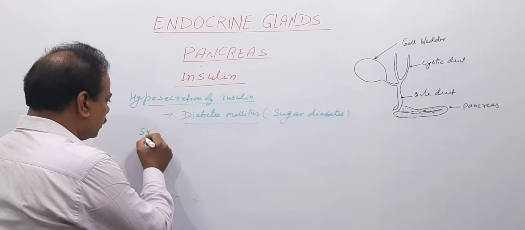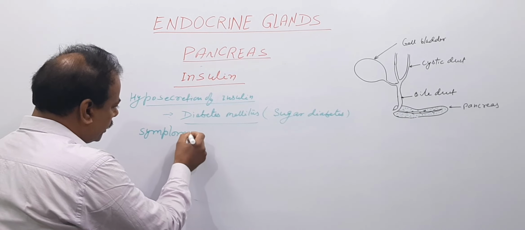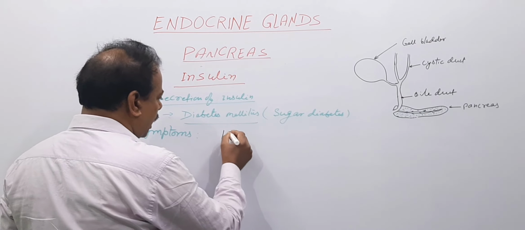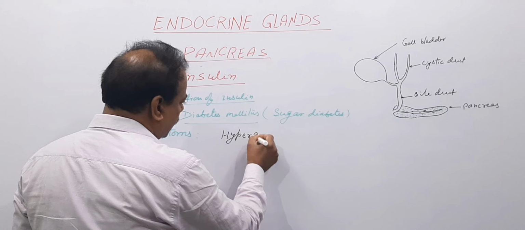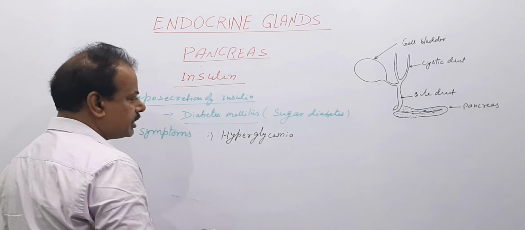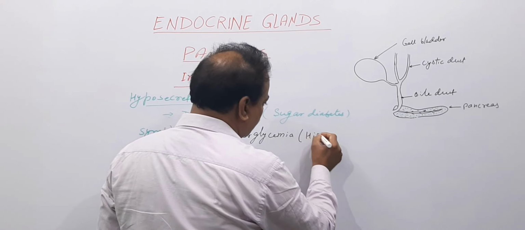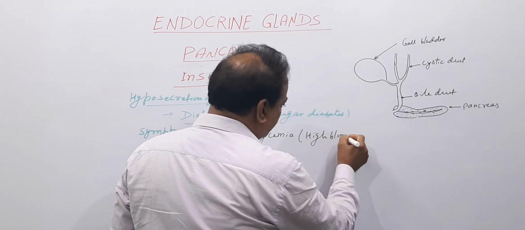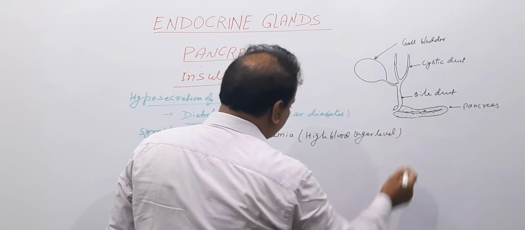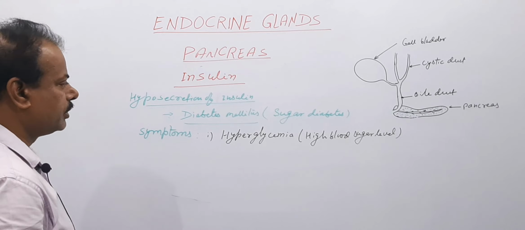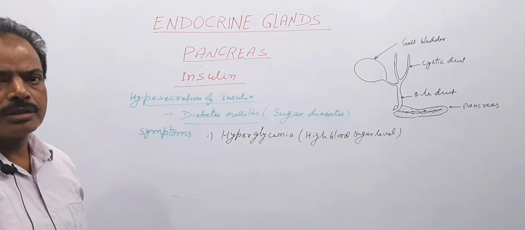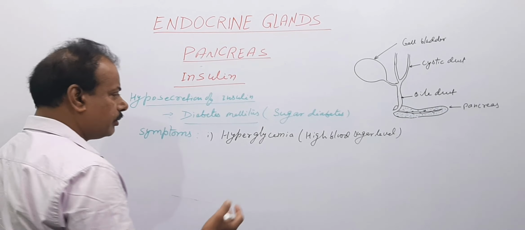The symptoms are: number one, hyperglycemia. Hyperglycemia means high blood sugar level. It is the condition in which blood sugar level is increased in the patient.